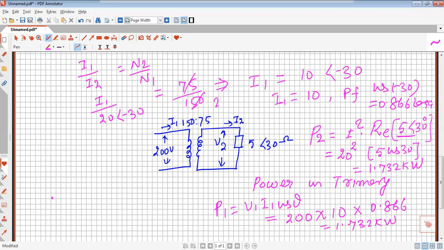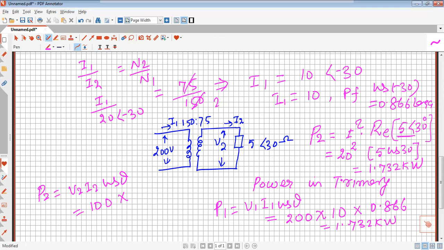This P2 we can also find using the relation P2 equal to V2 I2 cos theta. V2 is 100 volt and the current is given as 20.